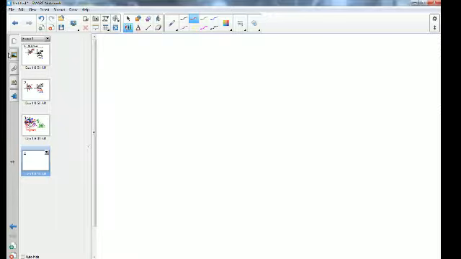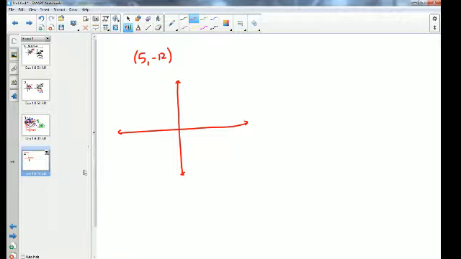Okay, what if you have a point (5, negative 12)? Cosine is 5, sine is negative 12. What quadrant is that in? Bottom right, 1, 2, 3, or 4? 4, right? (5, negative 12).